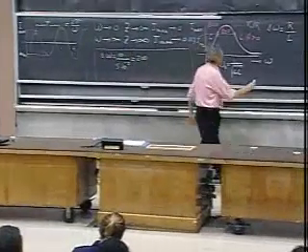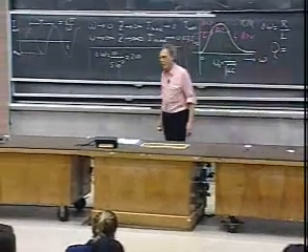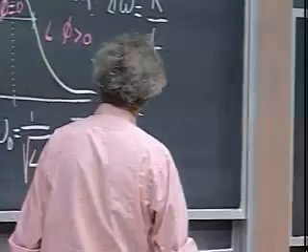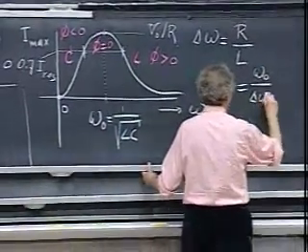We define Q, not as charge, don't ever confuse that with charge, we call it the quality of the resonance, and the quality is defined as omega 0 divided by delta omega.